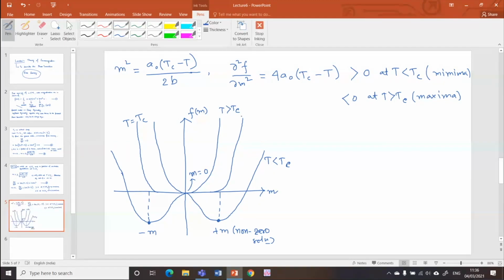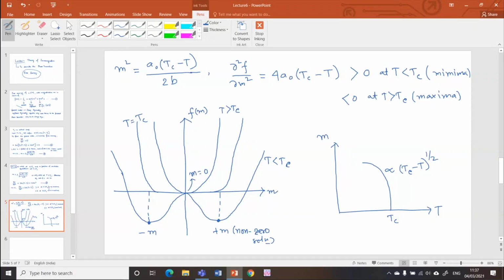Now if I plot m as a function of temperature, what I will get is something like this. This dependence will be proportional to (Tc minus T) to the power half. Where am I getting this from?